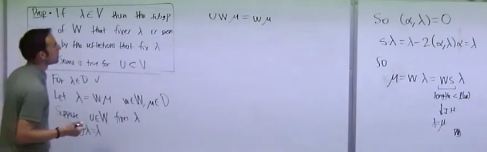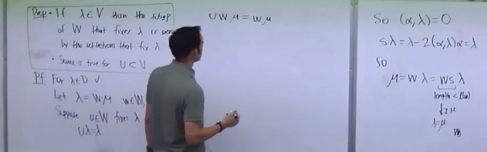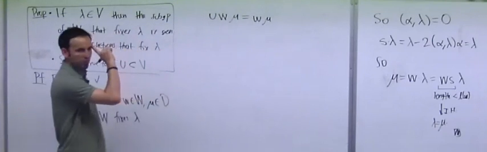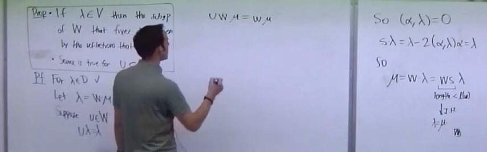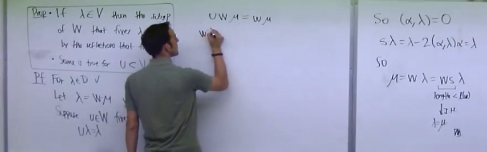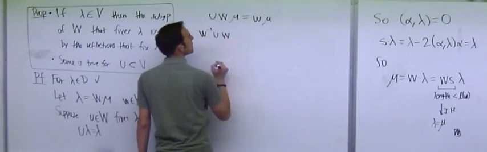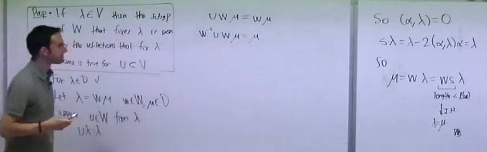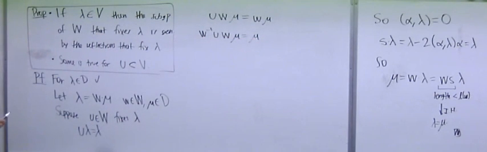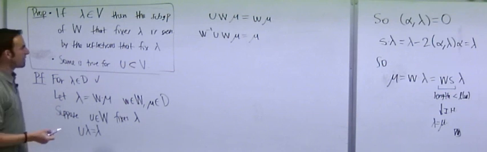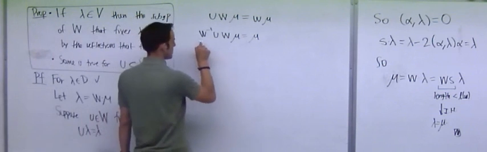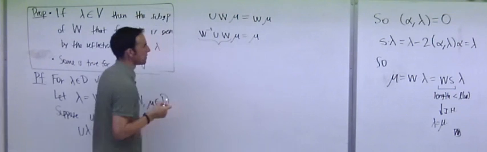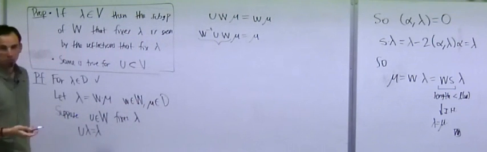Okay. And then I let W inverse act on the left of this. And I get W inverse U W of mu is equal to mu. Okay? And you see what I have now is a group element which fixes mu.